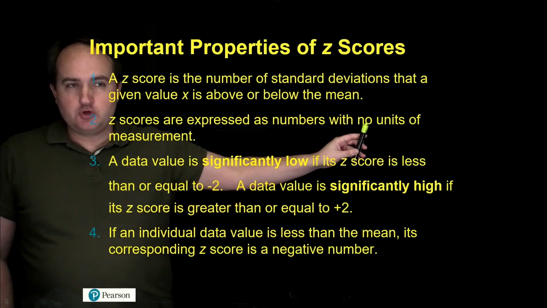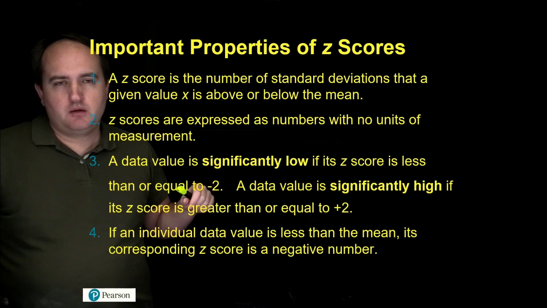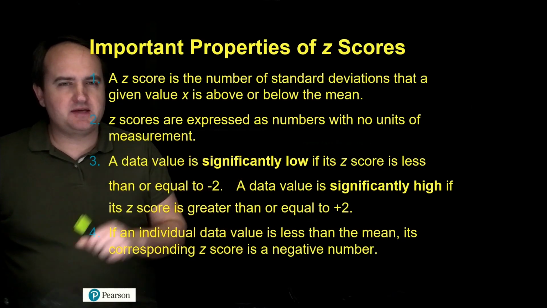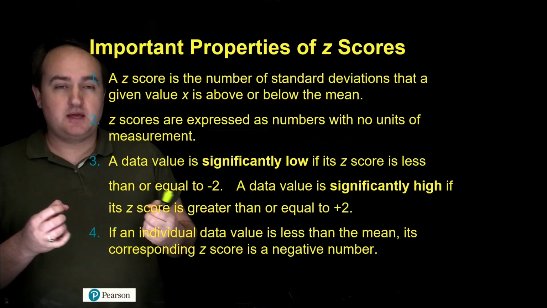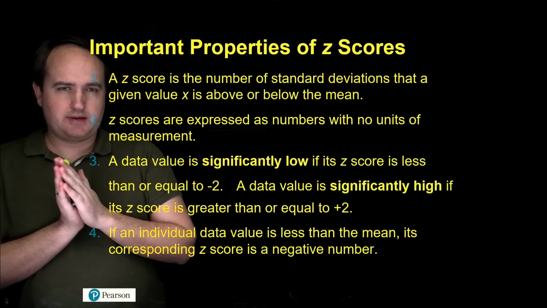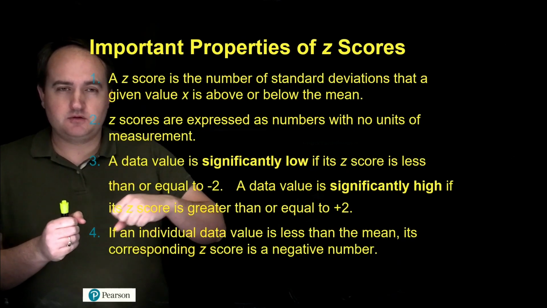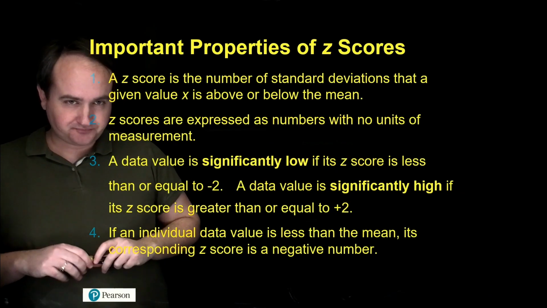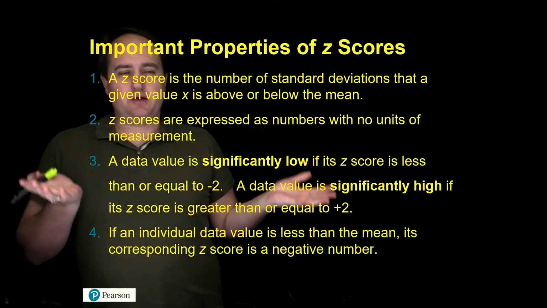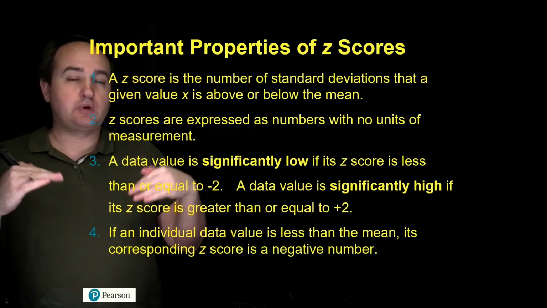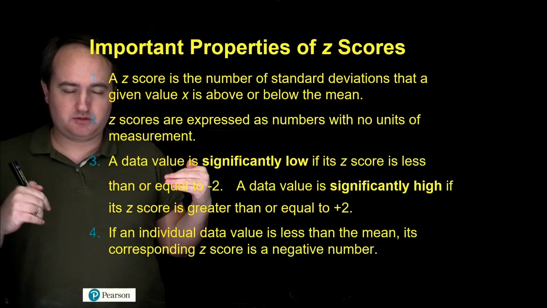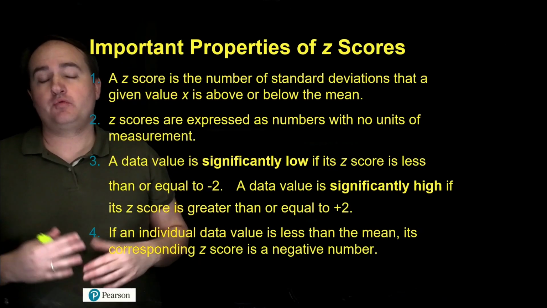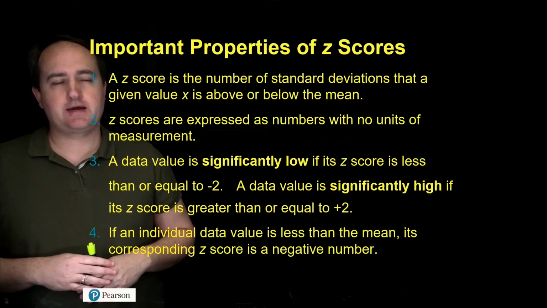Z-scores don't have units of measurement, which is nice because you can find a z-score for any set of data values, and then you can use it to compare that data value to a data value in a completely different set of data values, and it will tell you the relative importance of each. So in other words, how far above or below the mean you are. Okay.